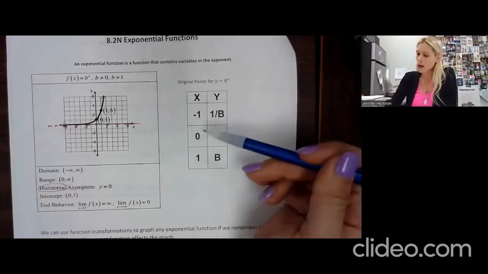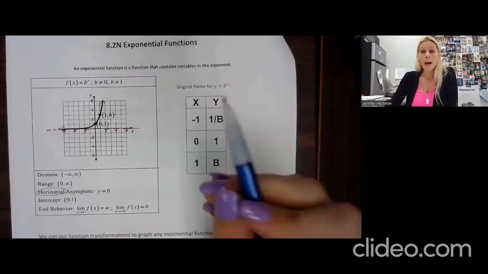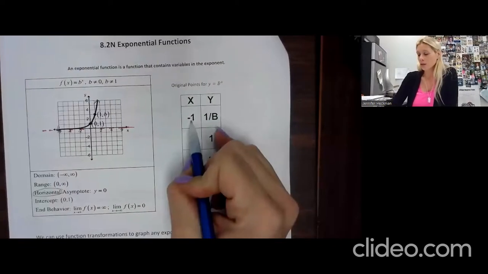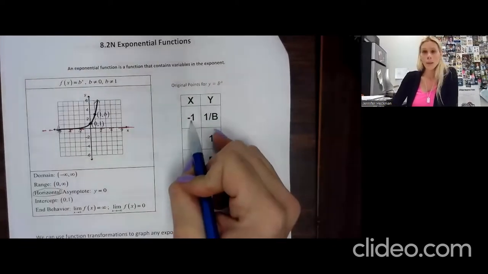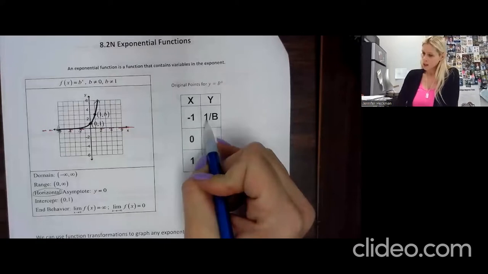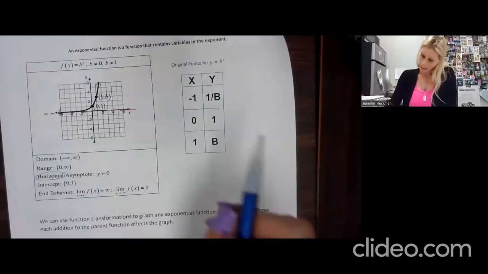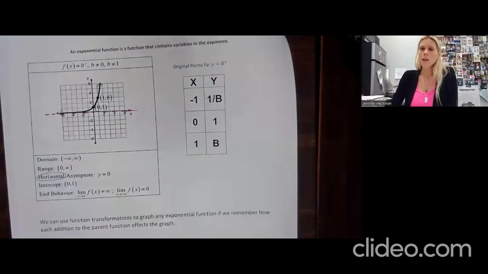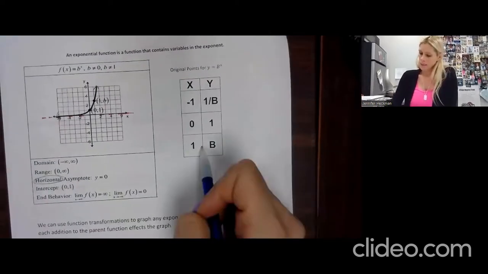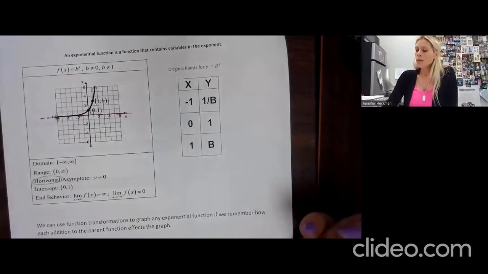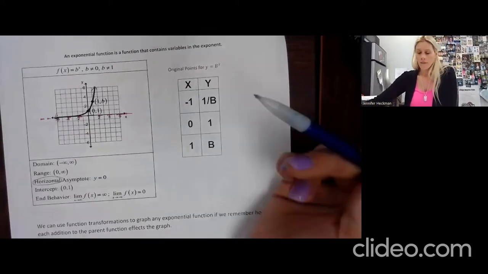No matter what, when x is -1, the parent function of our exponential function will be 1 over B, whatever the base is. At 0, the y value would be 1. And at 1, the y value will be that base number. And then we'll do our transformations off of there.